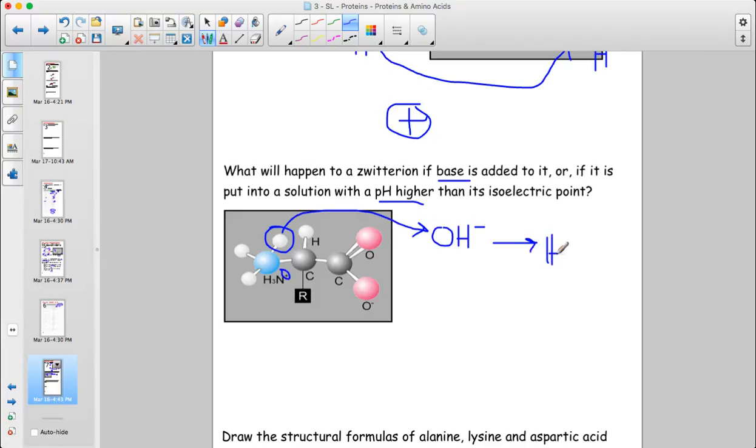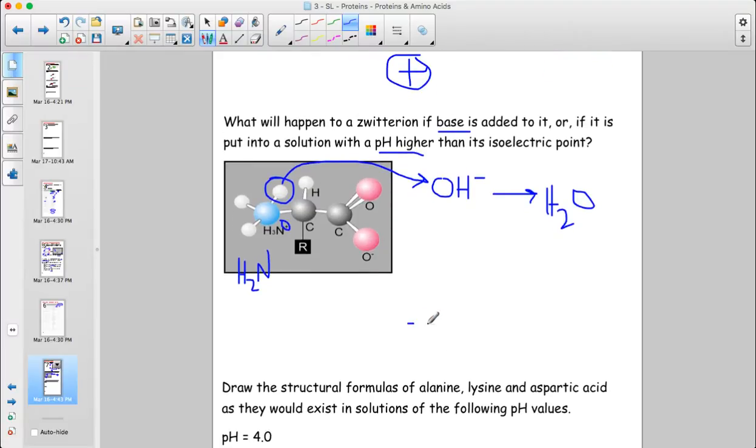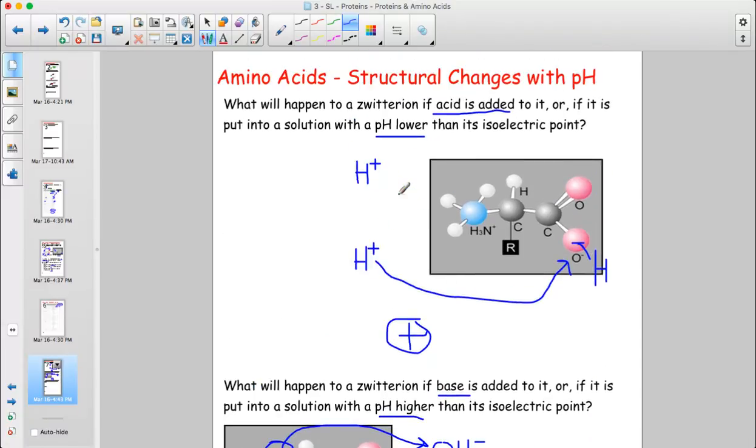You're going to pull off that extra proton that was on the amino group, and now you'll have NH2 on this side because one of the protons was lost. But this side will remain as COO-. So when you put things into basic solutions, the end result is that they end up with an overall negative charge.